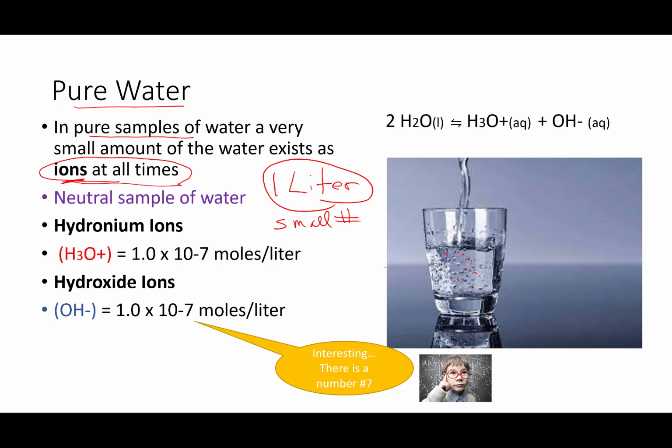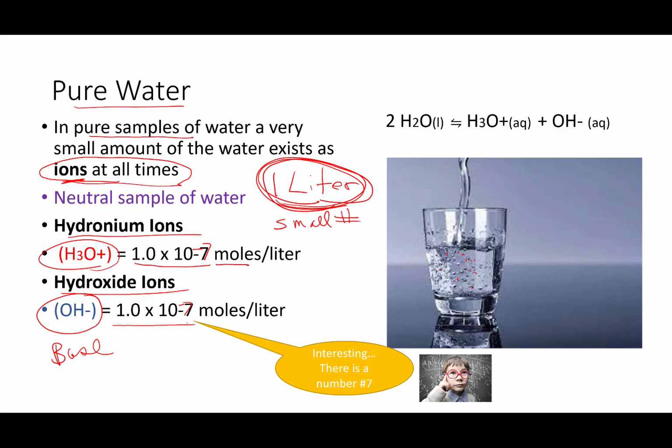As a matter of fact, in 1 liter of water, 1 times 10 to the negative 7 moles per liter are going to be hydronium ions, which are the ones that indicate an acid. And in that same liter, 1 times 10 to the negative 7 moles per liter are going to be hydroxide ions, which indicate if something is a base.